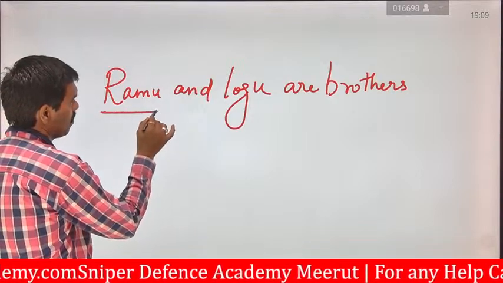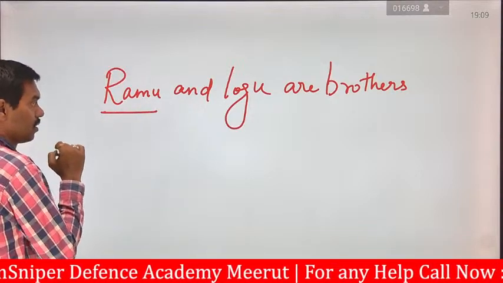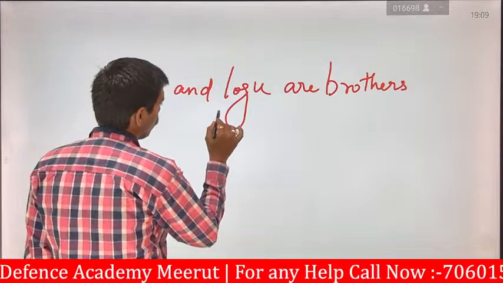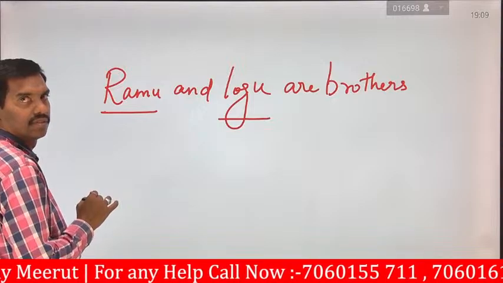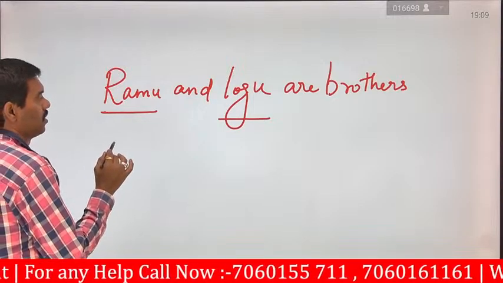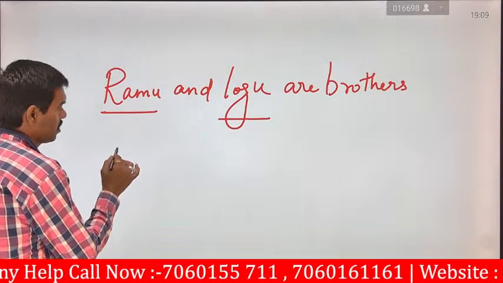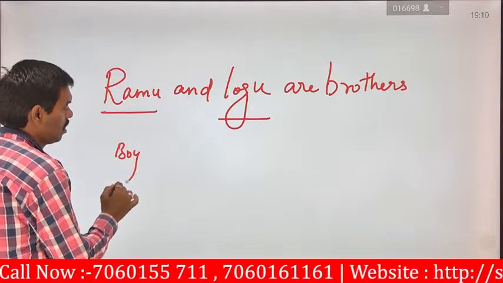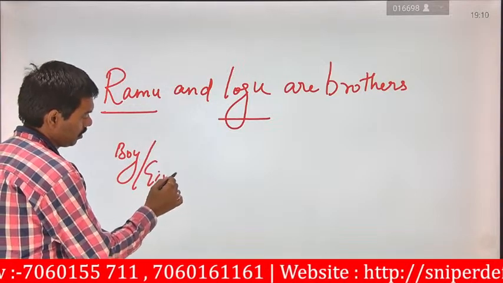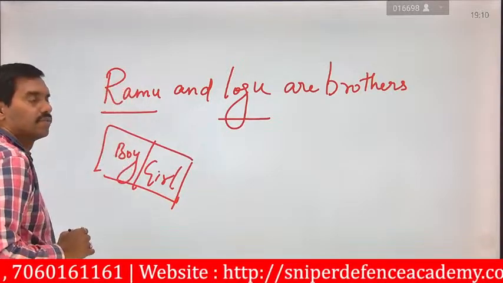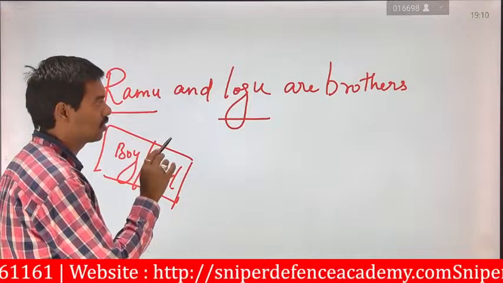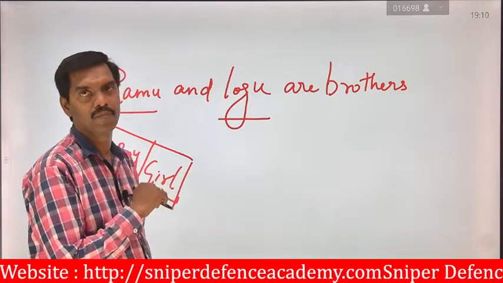So what is Ramu, and what is Logu? These two are names, maybe of a boy or maybe a girl, whatever it may be. For example, I am saying that it is a boy. Both are boys because both are brothers.